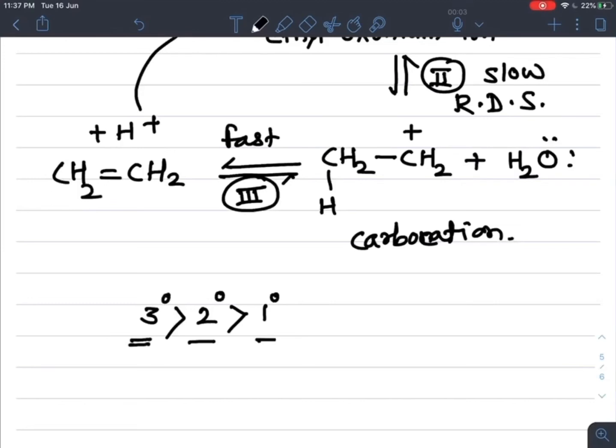The conditions required for tertiary are less, that is about 20% H2SO4, here 60% H2SO4, and here 95% H2SO4 is required, and the temperatures, for primary 413 Kelvin, 373 Kelvin and 363 Kelvin, meaning the conditions required for dehydration of tertiary alcohol are minimum, then secondary, then primary. So this is the order of dehydration. Tertiary alcohol more easily undergoes dehydration than secondary, than primary.